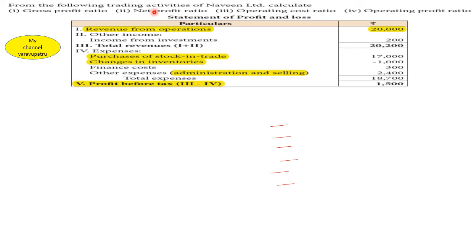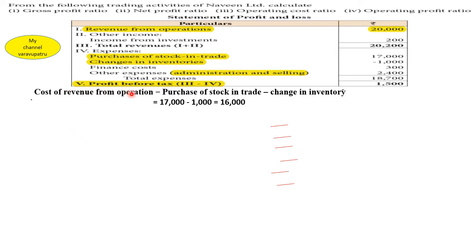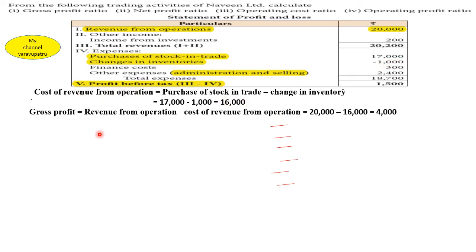Find the gross profit ratio, net profit ratio, operating cost ratio, and operating profit ratio. Cost of revenue from operation is equal to purchase of stock in trade plus change in inventory. Purchase of stock in trade is 70,000. Change in inventory is minus 1,000. So 16,000 is the cost of revenue from operation.